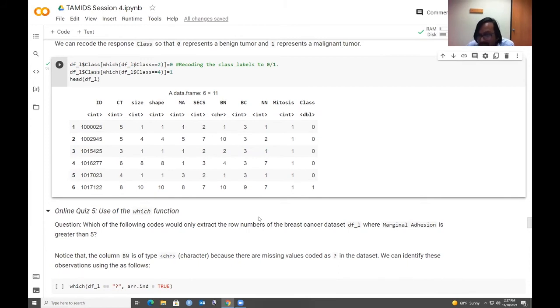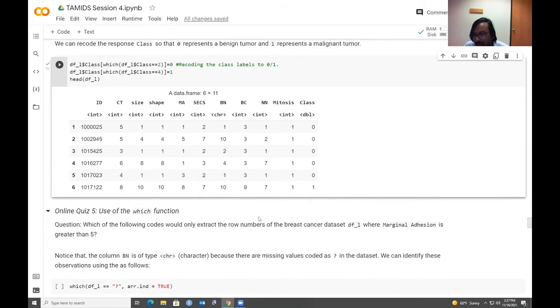The second option gives you the entire rows. Because I have df underscore L, the row number specified by the which of df underscore L $MA greater than 5, and all the columns.